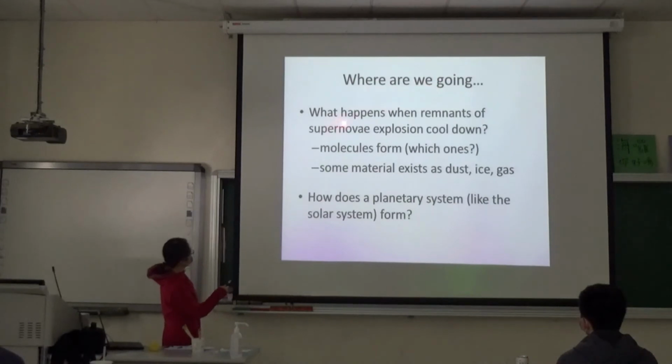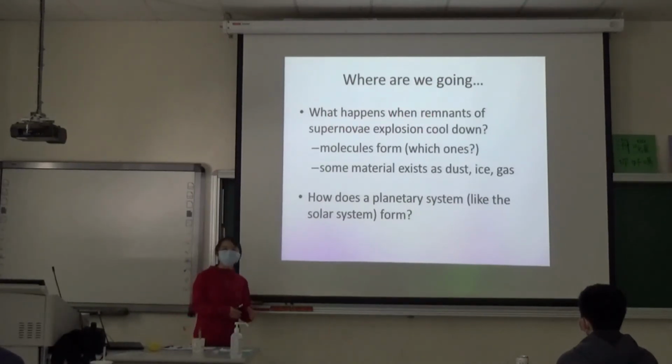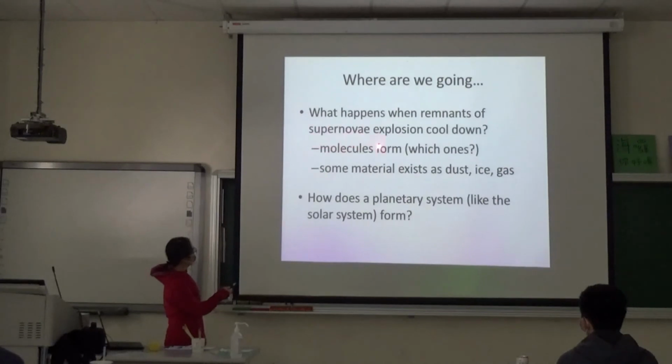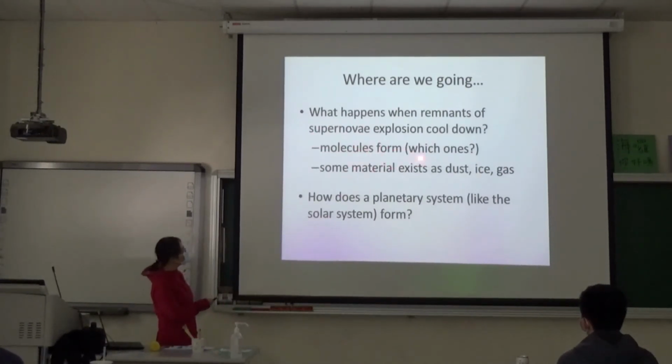Where are we going? What happens when remnants, whatever is left, 残余物, of a supernova explosion cool down? From the observations of astronomers, we know that in the remnants there are already molecules.